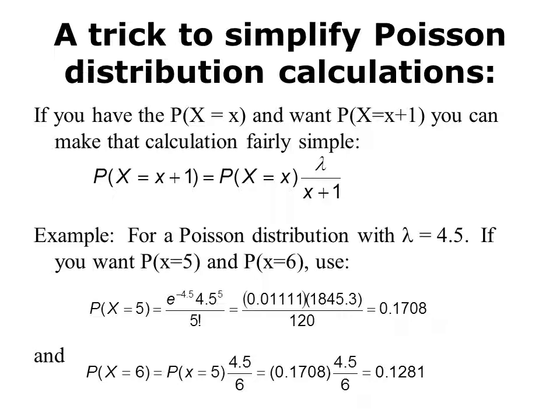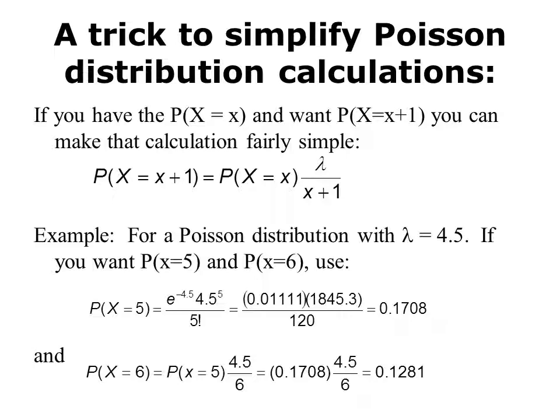I'm showing how you can get the probability that 6 occur from the value that you get when you have 5. We first have the probability of getting exactly 5 from e to the minus 4.5 times 4.5 raised to the 5 divided by 5 factorial, and we get a certain probability in this case.